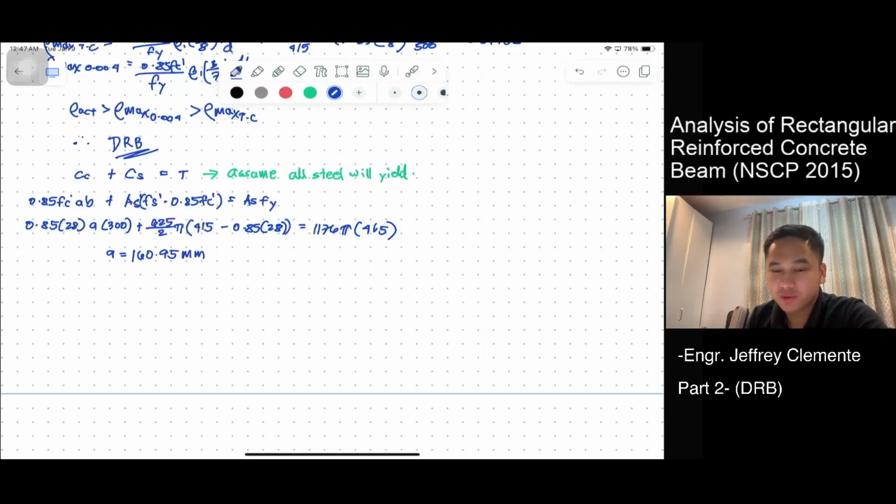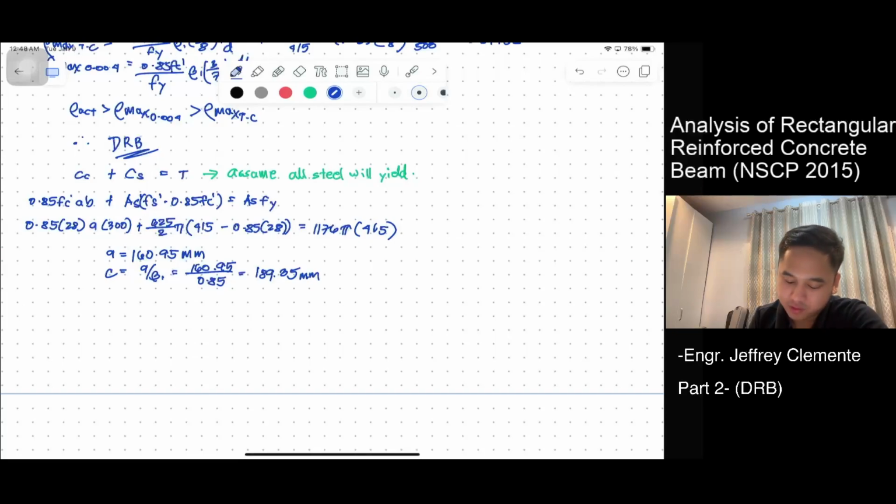Now, since na-solve na natin to, we have to check if nag-yield ba talaga lahat ng bakal. So first, let's solve for C muna. Ang C natin is just A over beta 1, where beta 1 is just 0.85. So 160.95 all over 0.85. Therefore, ang C natin would be 189.35.